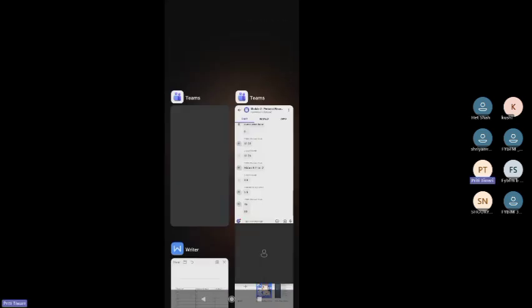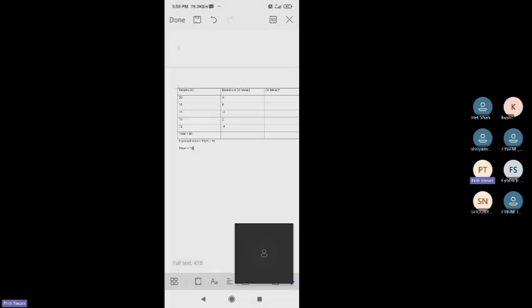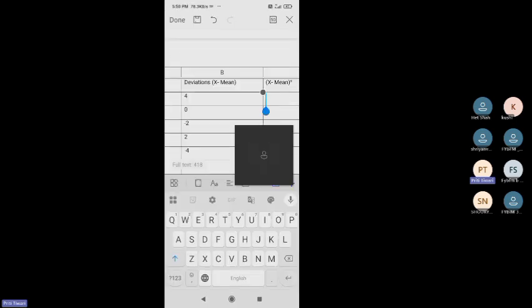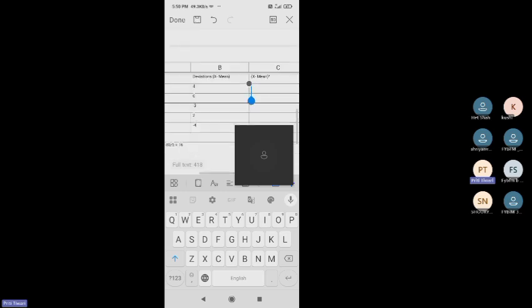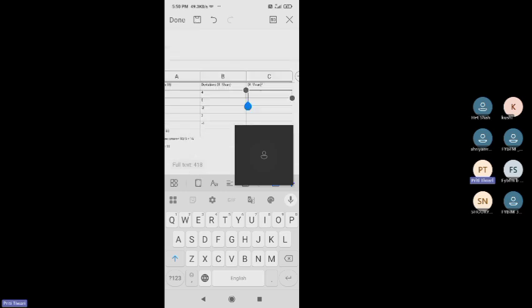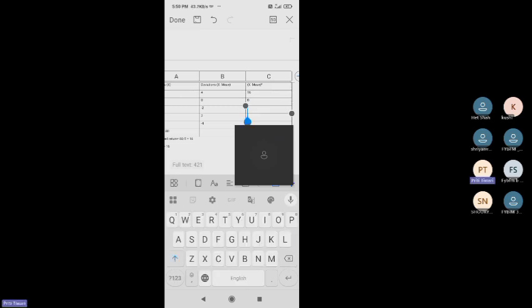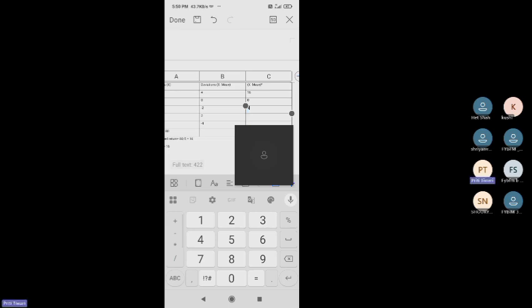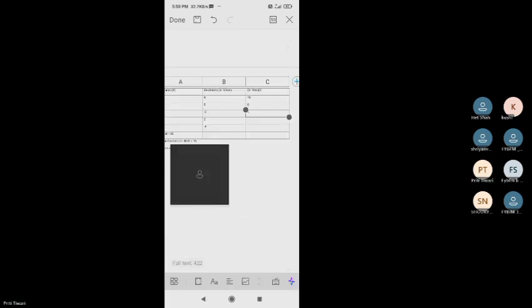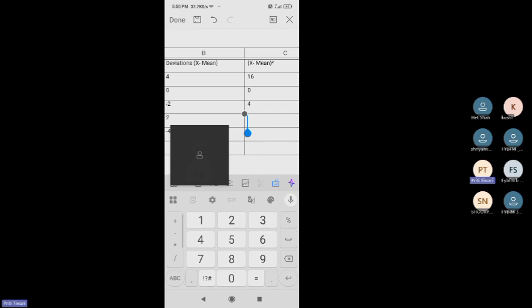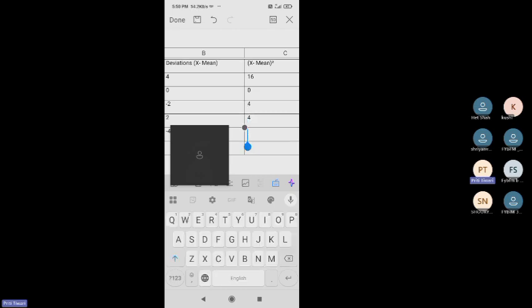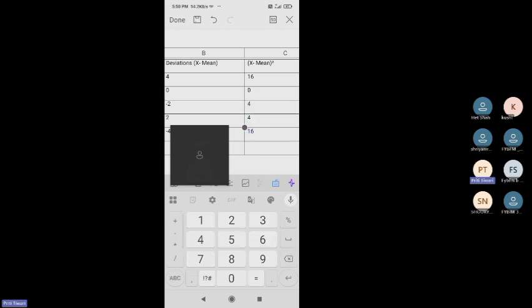Okay, good. Moving ahead. So now we need to square these deviations. Whatever answer we just found for the deviations, what will happen to it? It will be squared. So the square of 4 would be 16. The square of 0 would be 0. The square of minus 2 would be positive 4. The square of positive 2 would also be 4, and the square of 4 would be 16.